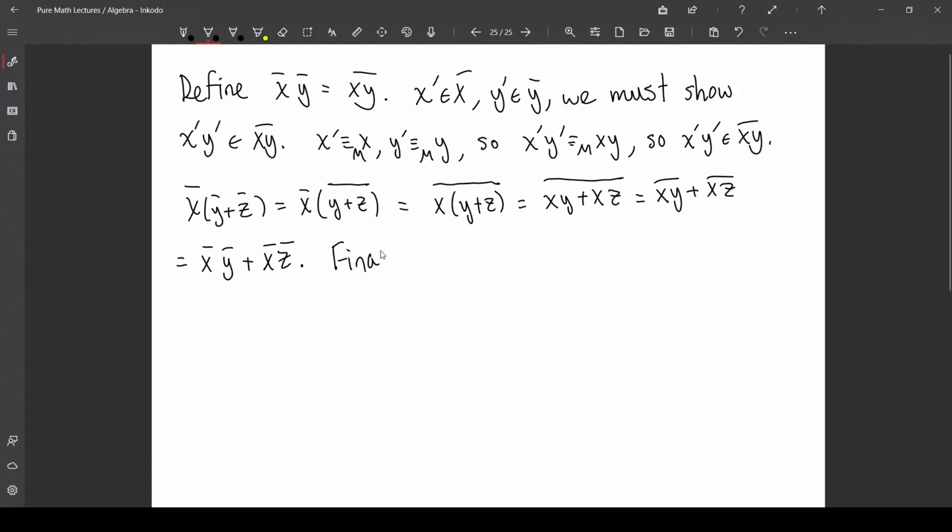Finally, if we look at 1 bar times x bar, it is the coset corresponding to 1 times x, but 1 times x is just x, so this is x bar.